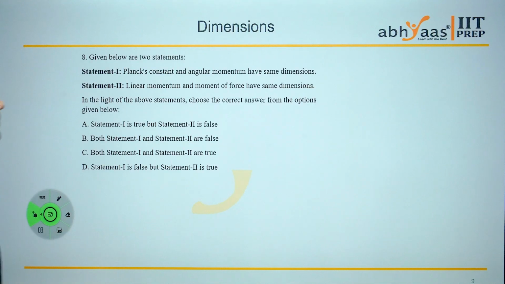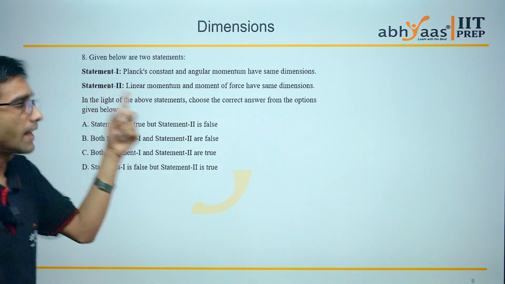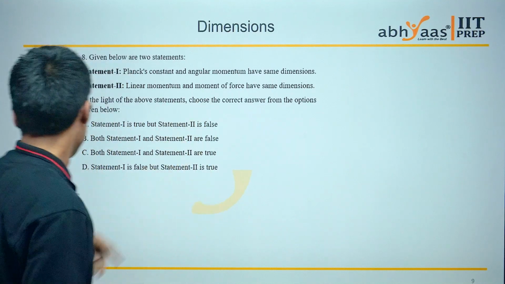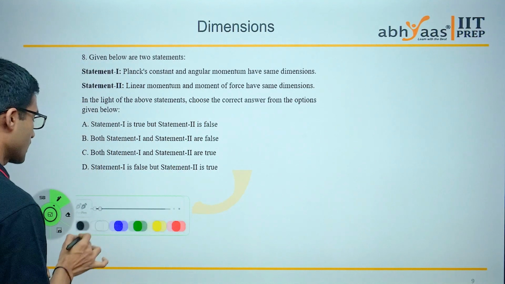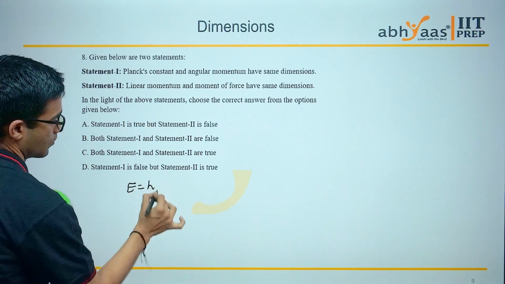Okay, next question. If you observe here, statement 1, statement 2, Planck's constant and angular momentum. So we can do this Planck's constant in many ways. First one, E is equal to h nu.